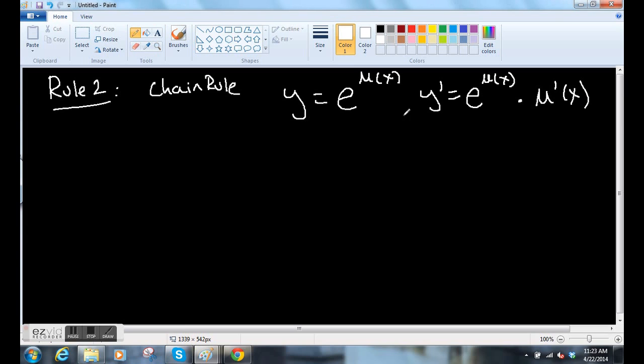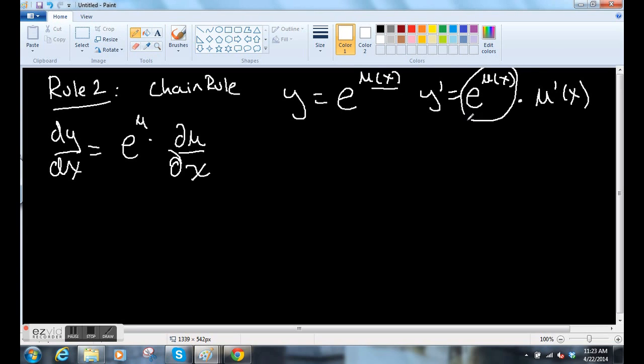Your book writes these as dy/dx equals e to the u times du/dx, but it's the same thing. Essentially, you write the function and leave it the same, and then take the derivative of the exponent.